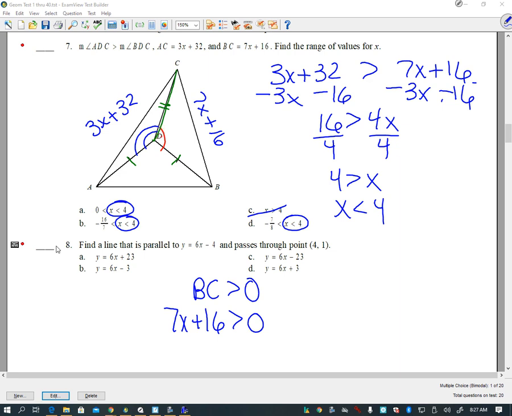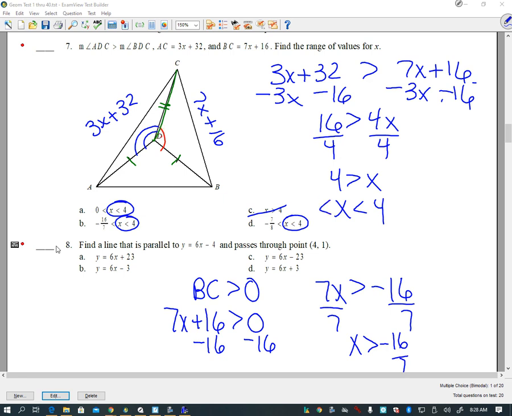How did you get negative 16/7 then? Some of you said that you got this question right. Okay, I'll move on. All right, so what do I do here to solve for x? Subtract 16. Okay, so I've got 7x is greater than negative 16. Now what? Divide by 7. X is greater than negative 16/7.